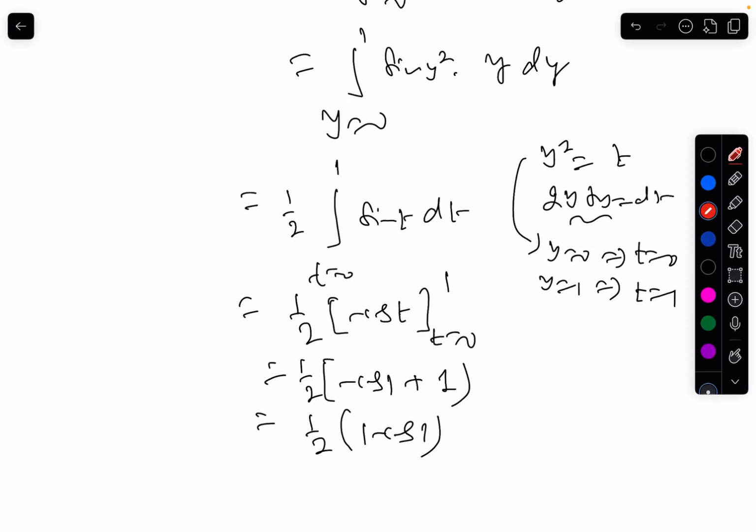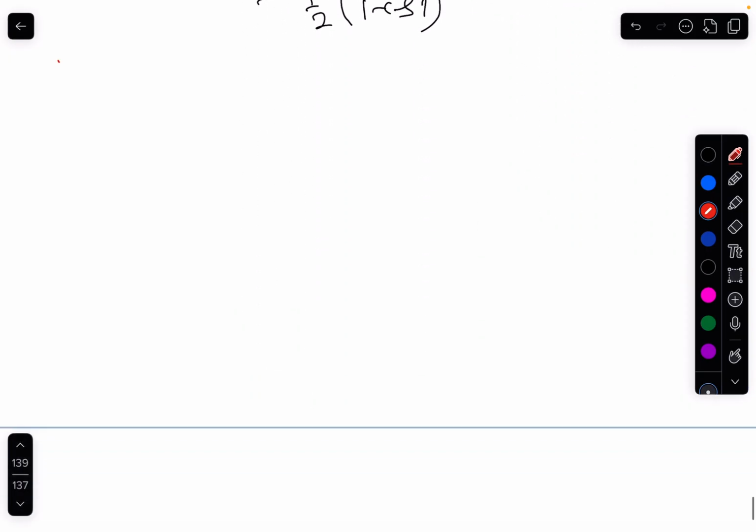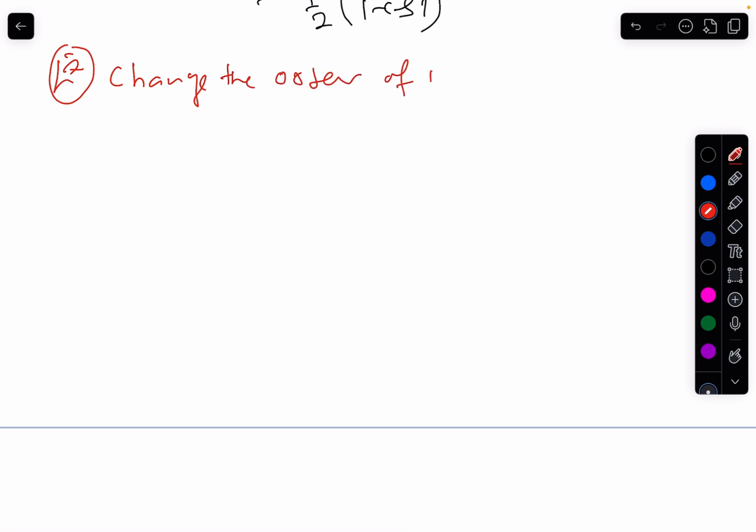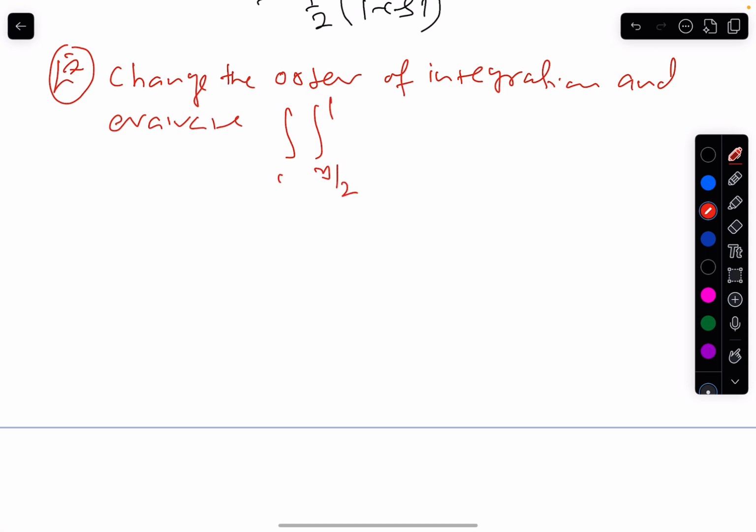Okay, we take one more. Change the order of integration and evaluate. Y by 2 to 1, 0 to 2, e power x square dx dy.